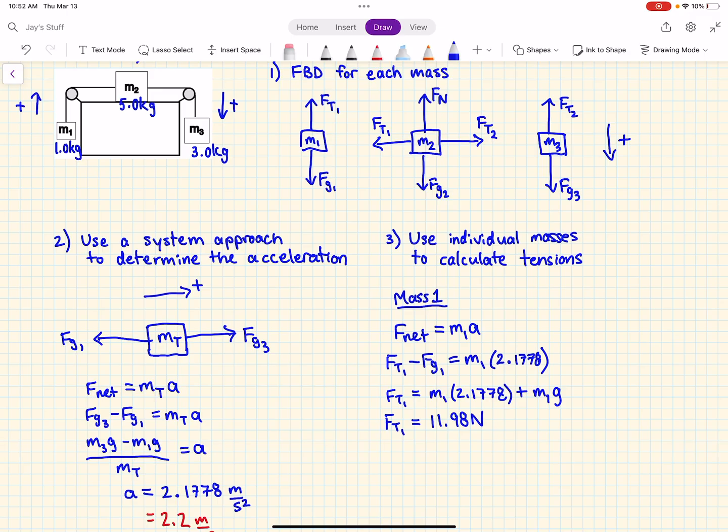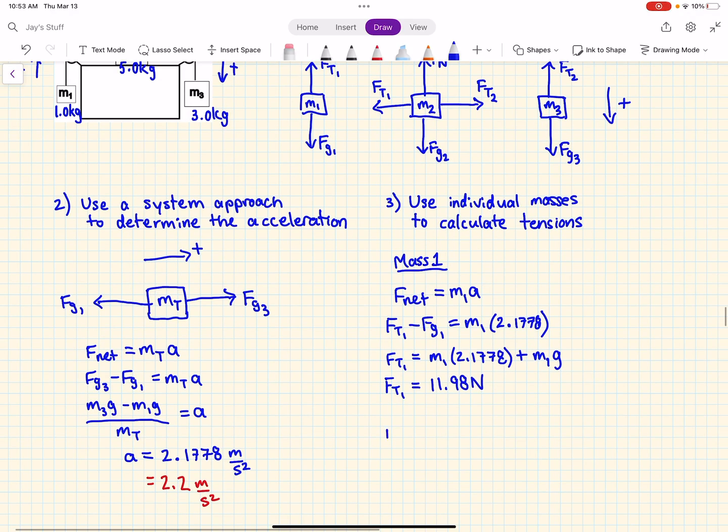Now we want to do the same thing to get the second force of tension. So we can pick either mass 2 or mass 3 because they both have force of tension 2 acting on them. I propose that it's easier to work with mass 3 because there's only 2 forces acting on it. So let's look at mass 3. We're going to do the same thing.